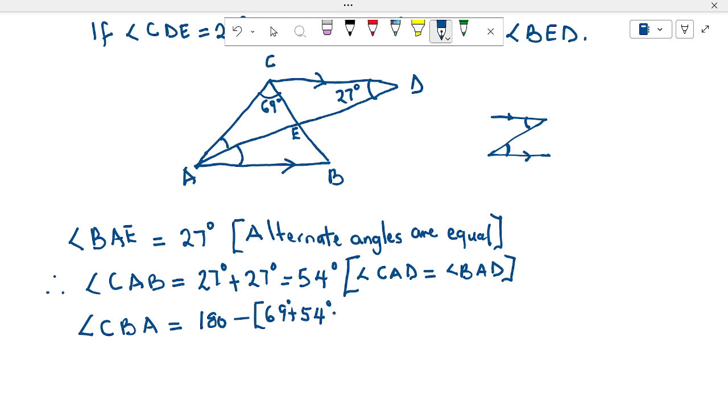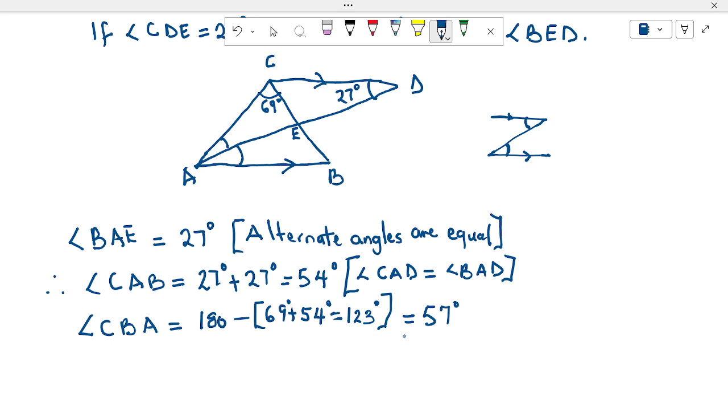And this angle is what? The two angles are added together. Can somebody add it together for me? We have 3 here, good. And we have 2, 1, 2, altogether 123 degrees. That's 69 plus 54 is 123 degrees. Okay, subtract that from 180, we have 57 degrees.